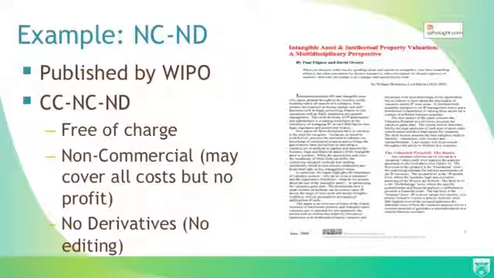Now, all material that is published by the World Intellectual Property Organization, WIPO, has this kind of license, where the material is available free of charge. You can use it. You can only make a non-commercial use of it. That means no profits can be earned out of that material, and you cannot edit the material, you cannot change the material, you cannot remix it, you cannot even update it. So the material would have to be used as such.